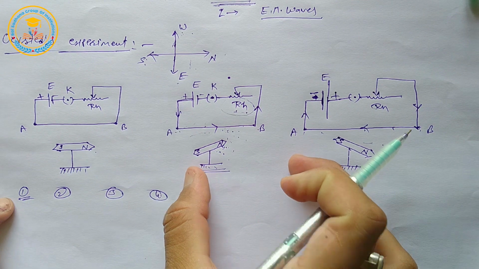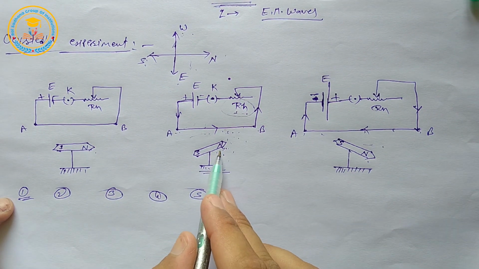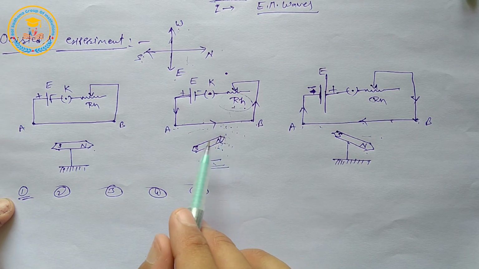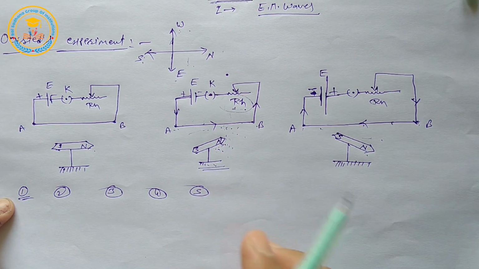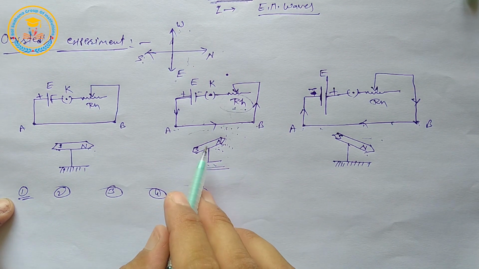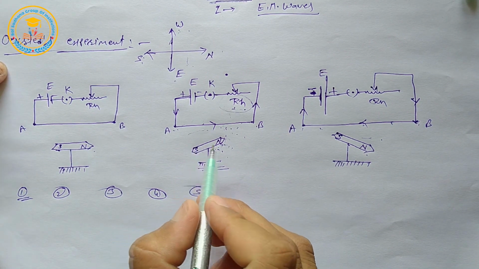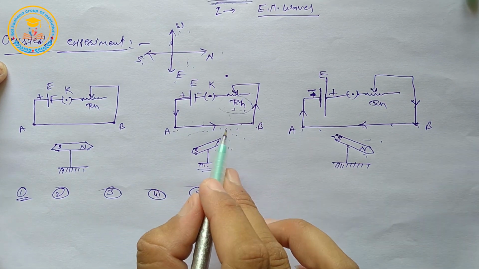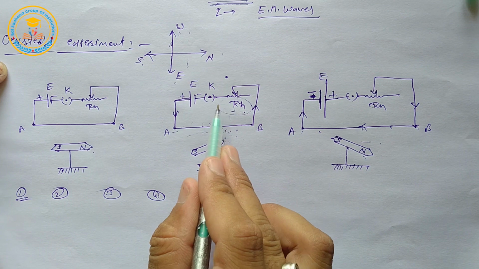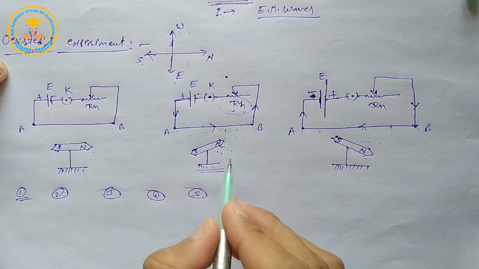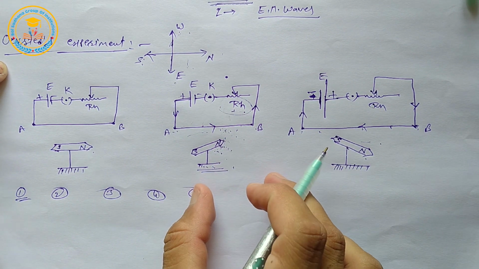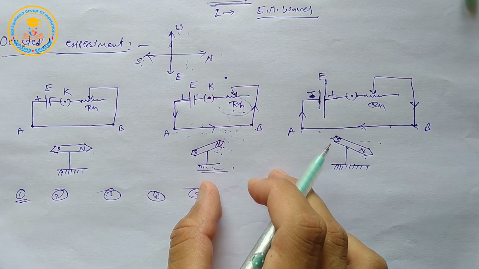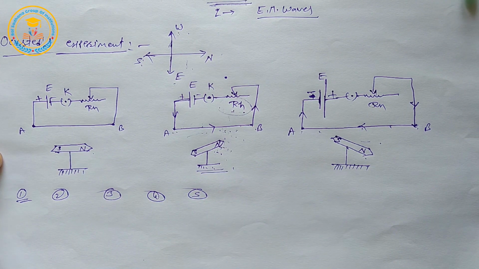It means we can say the direction of magnetic field above and below the conducting wire is always opposite. It means if the direction of current remains the same in the conducting wire, then at the upper point and at the lower point the direction of the magnetic field is always opposite.